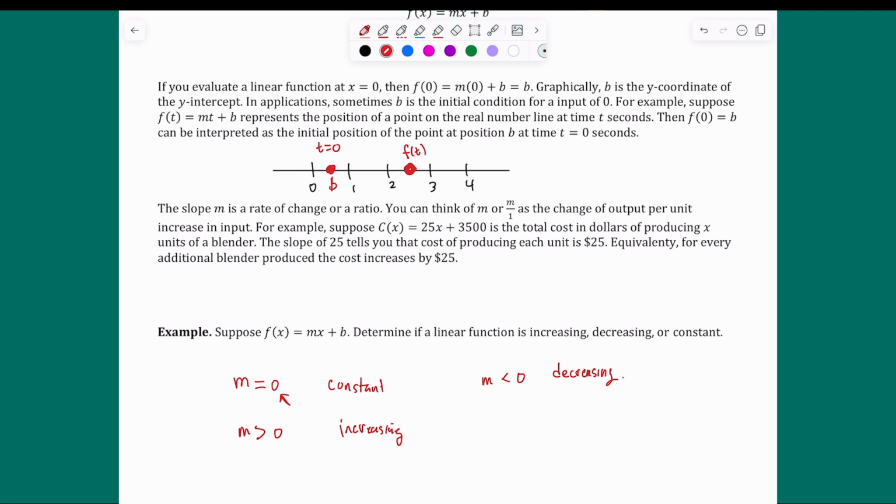In fact, it's either increasing on its entire domain, or decreasing on its entire domain, or constant on its entire domain, because remember, the domain is negative infinity to infinity, and the rate of change or the slope is always constant, and it doesn't change, right? It's always a constant value.